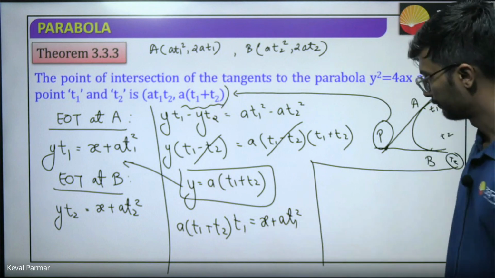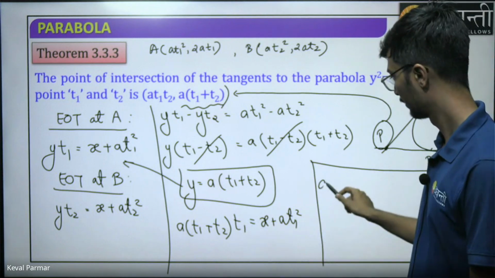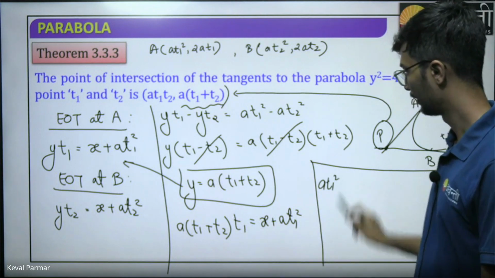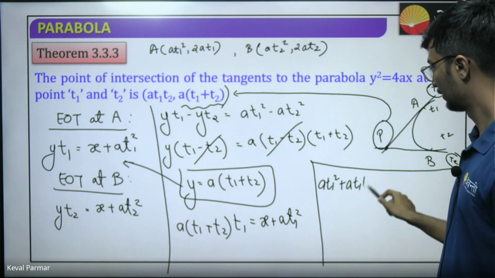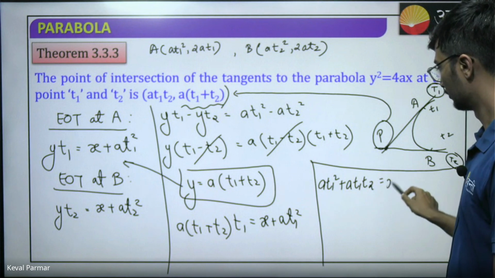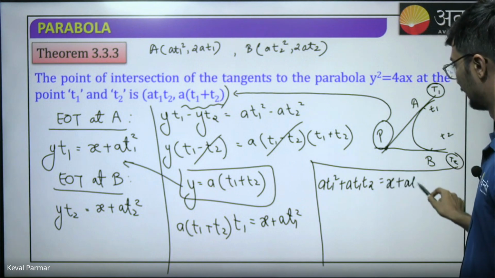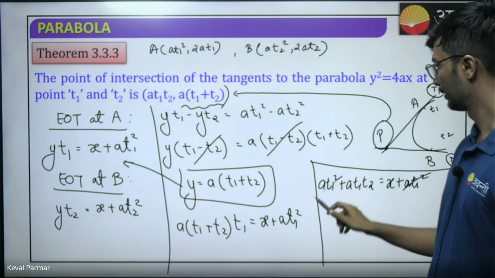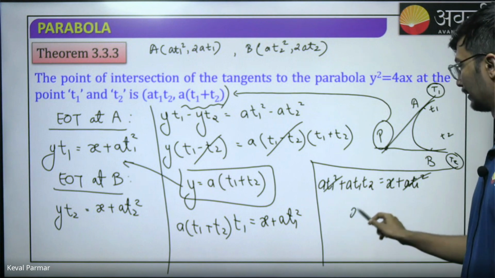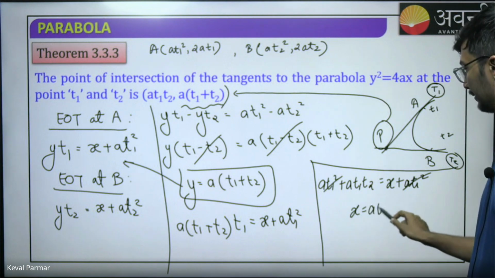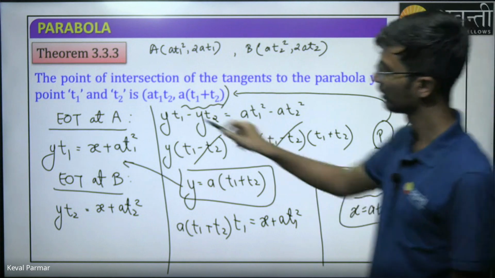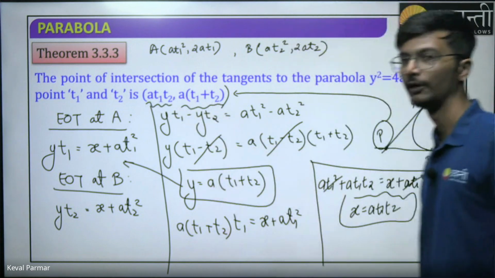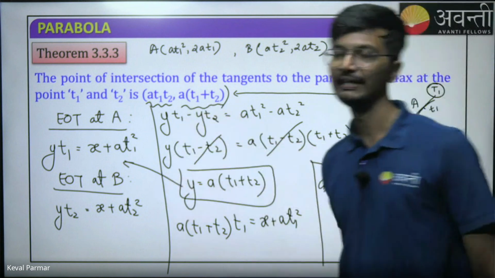So if I open the brackets, I'll get a t1 square plus a t1 t2 equals x plus a t1 square. So a t1 square will get cancelled and I'll get x as a t1 t2. So by solving simultaneously, we got the coordinates of x and y. Hence, the point becomes (a t1 t2, a(t1 + t2)).